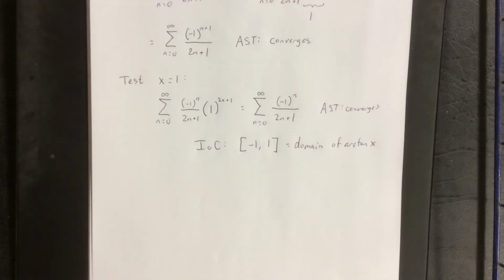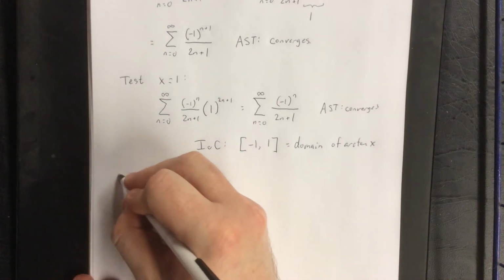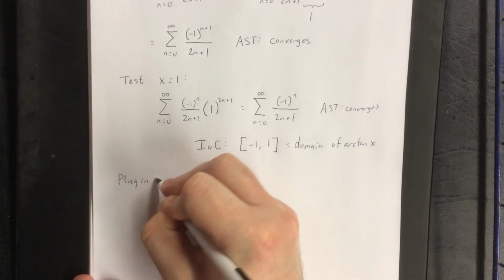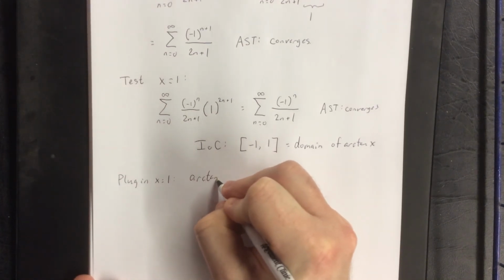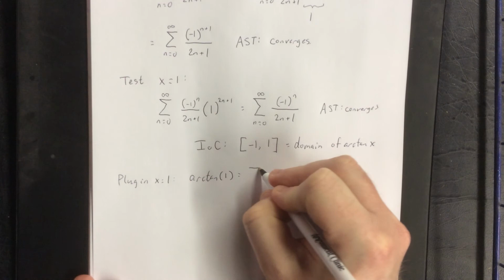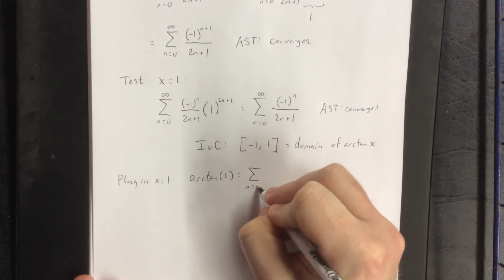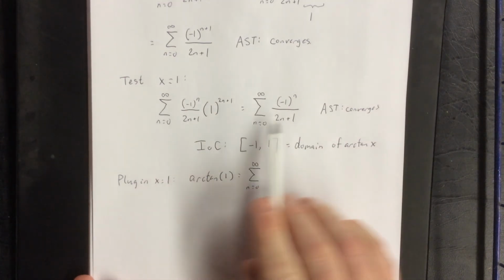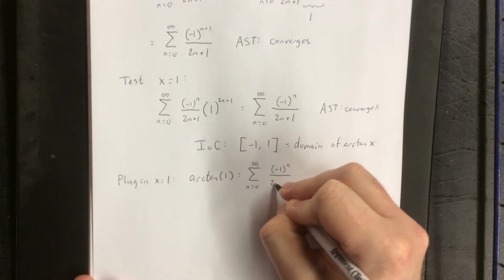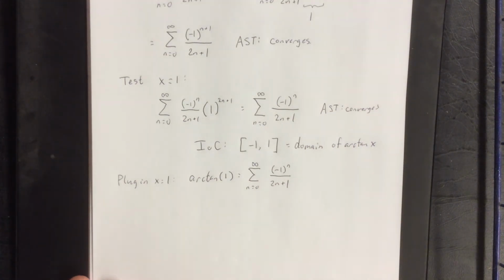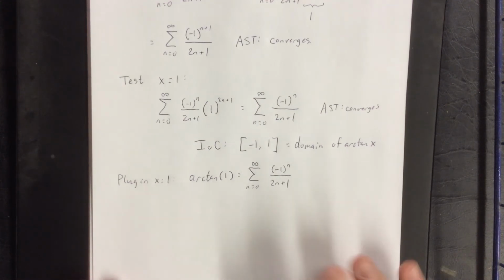Our function was the arctangent of x. Now, what this means is if I plug in x equals 1, I will get the following. The arctangent of 1 is equal to the sum from n equals 0 to infinity of what we got when we plugged in x equals 1. But I know what the arctangent of 1 is.